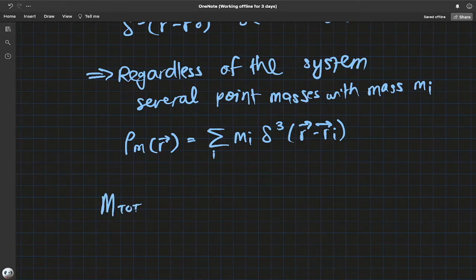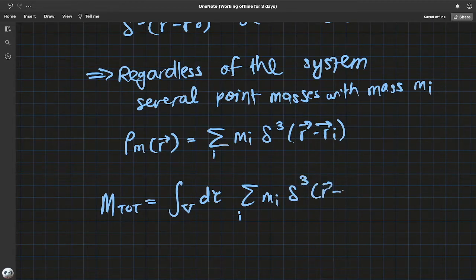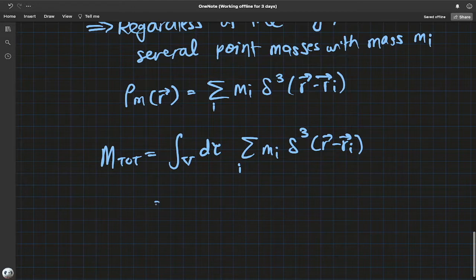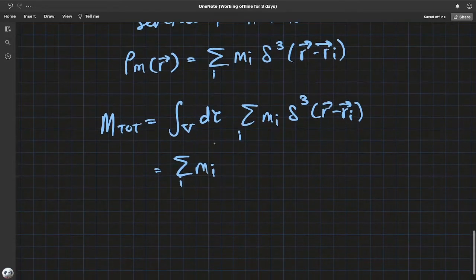So the total mass can be expressed as a volume integral over V of these, m sub i times this delta triplet. This is the most general way of expressing the mass distribution of several collective point masses. The total mass will just be a sum of the individual masses. So we sort of sorted this out.